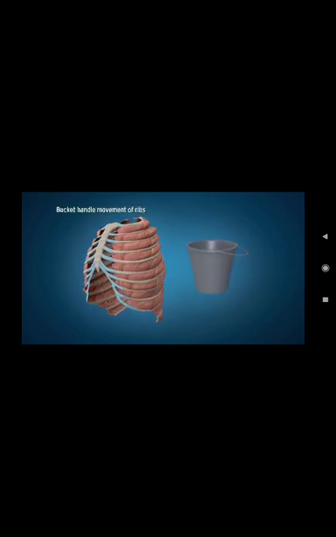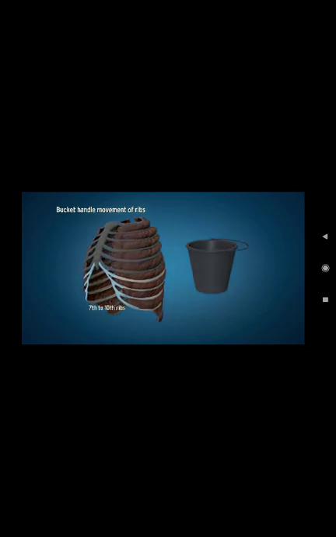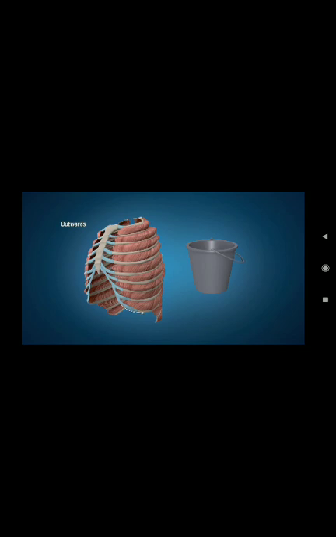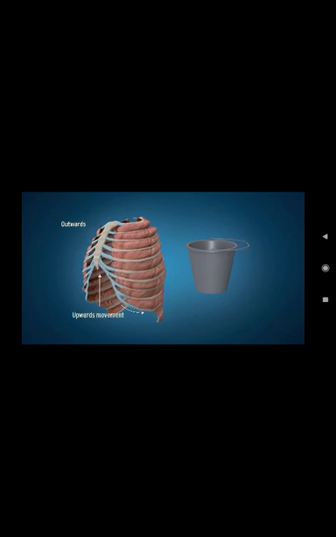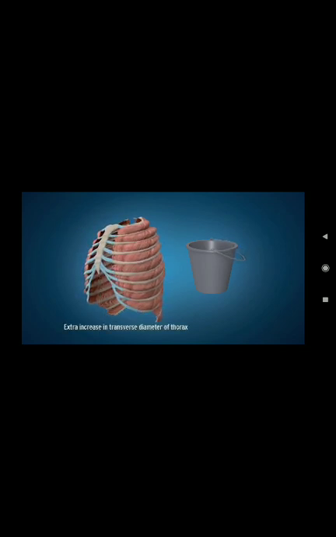Bucket handle movement of ribs. During inspiration, the 7th to 10th ribs, that is the lower ribs, swing outwards and upwards along the upper ribs, causing extra increase in the transverse diameter of the thorax.